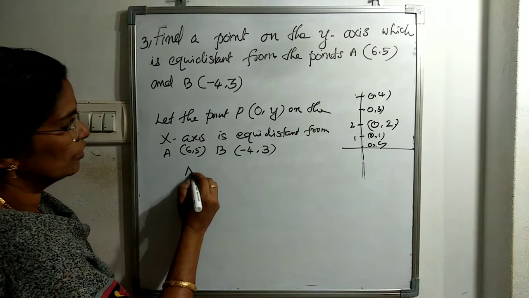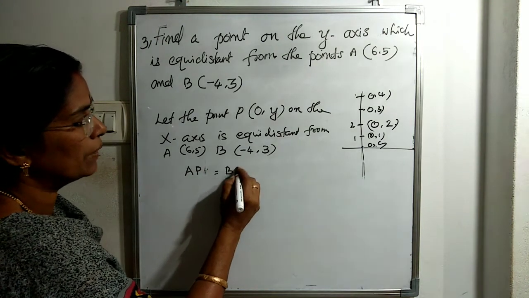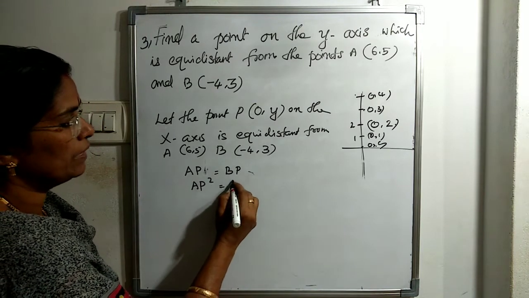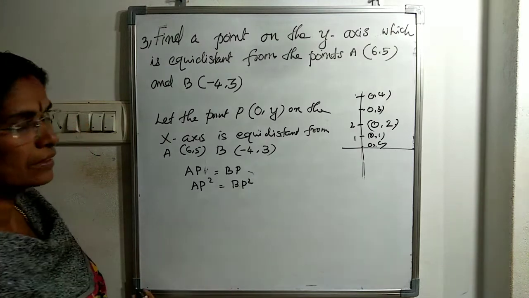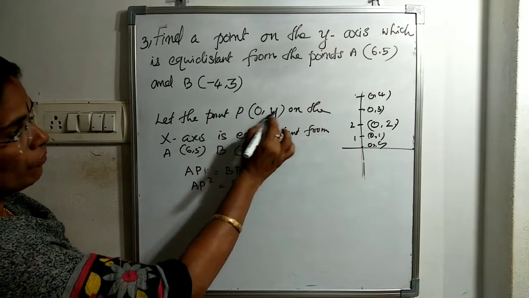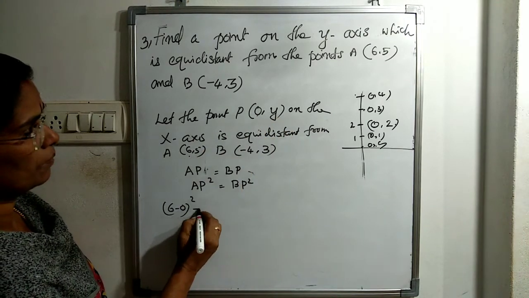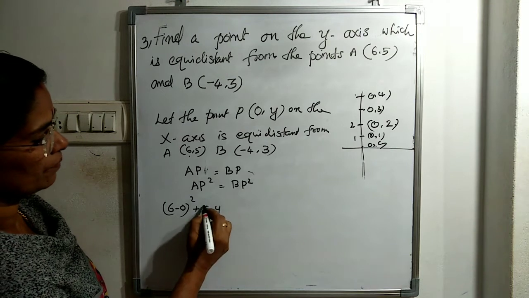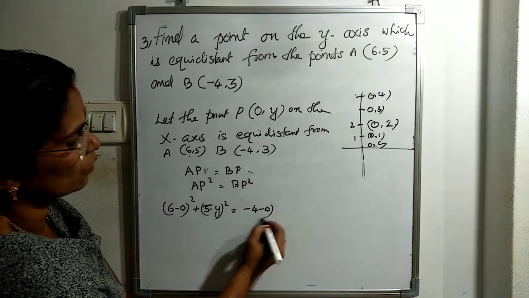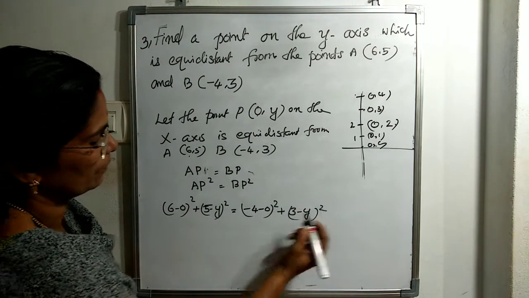So the previous question we learned AP is equal to BP. Equidistant means both are same. So AP square is equal to BP square. After that we are applying the distance formula. AP: (6 minus 0) whole square plus (5 minus y) whole square is equal to (minus 4 minus 0) whole square plus (3 minus y) whole square.